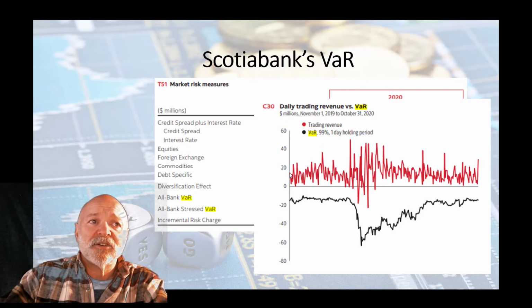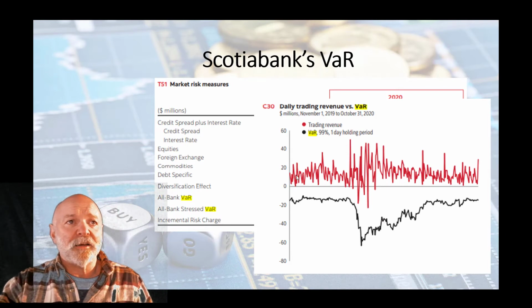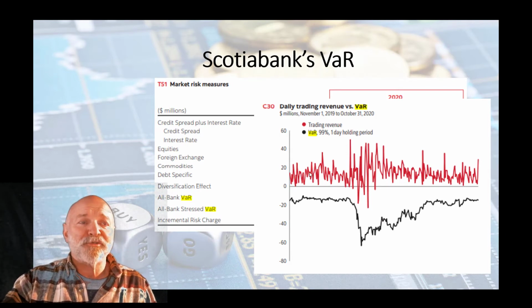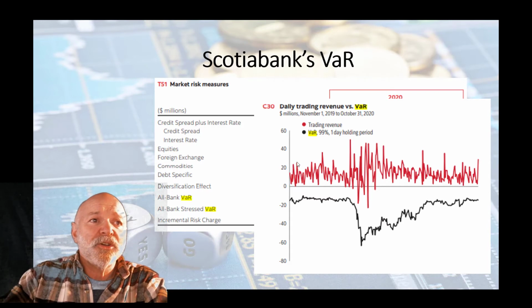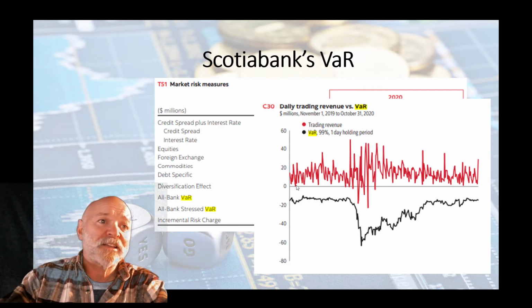And they'd say that on a normal day, the red line represents the revenue on a normal day. So on these days in November and December of 2019, you can see that they would on a good day get about $20 or $25 million in revenue, and they could perhaps make nothing at all.